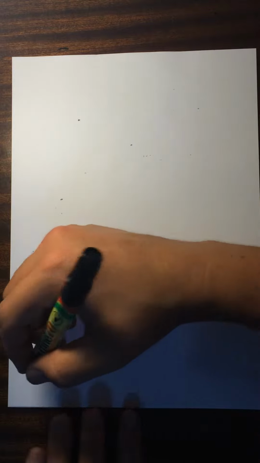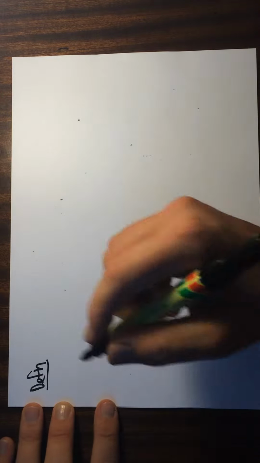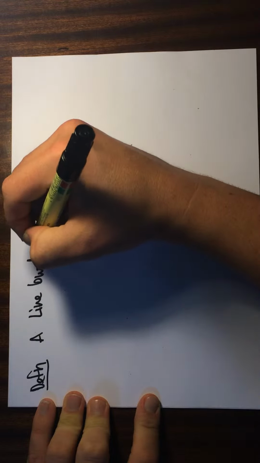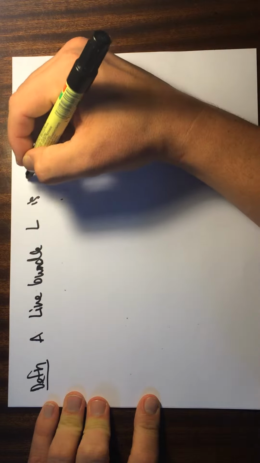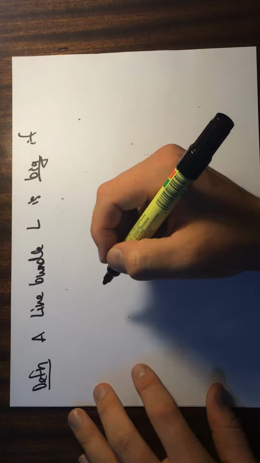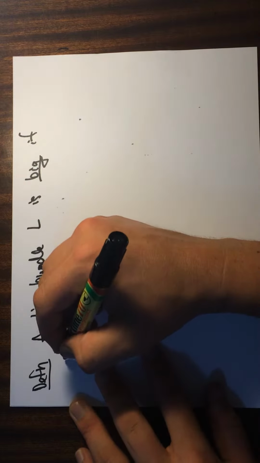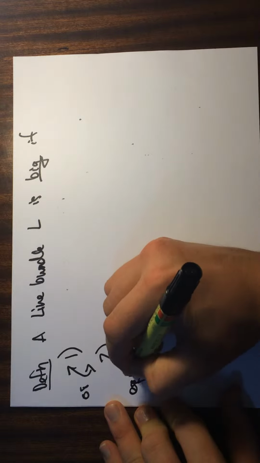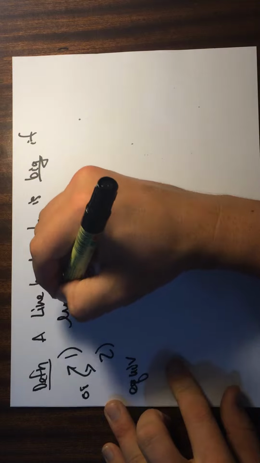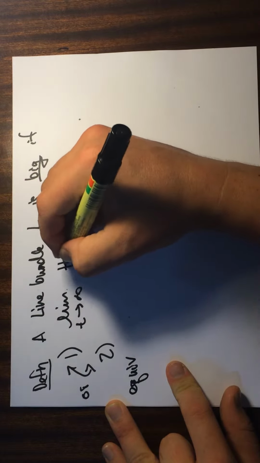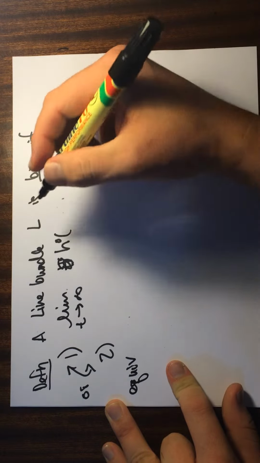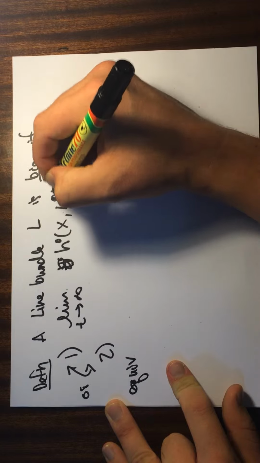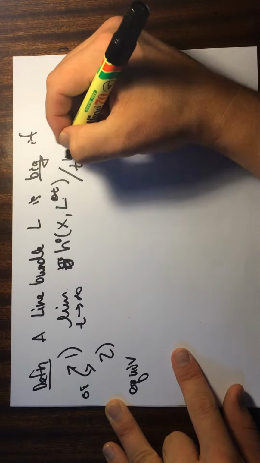So a definition: we'll say that a line bundle L is big if, and these two conditions will be equivalent, the limit as t approaches infinity of h0, the global sections on X of L to the t, divided by t to the n, is equal to a constant.